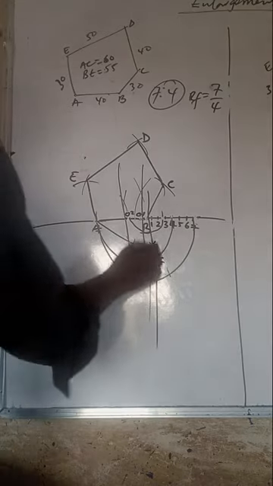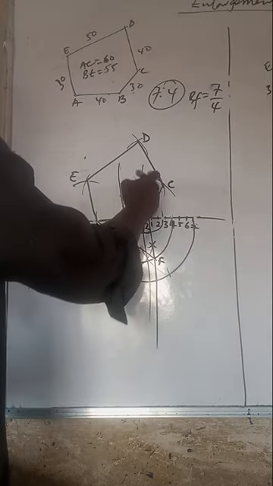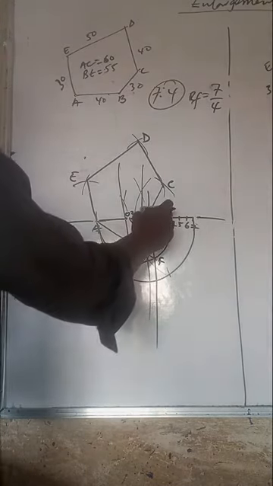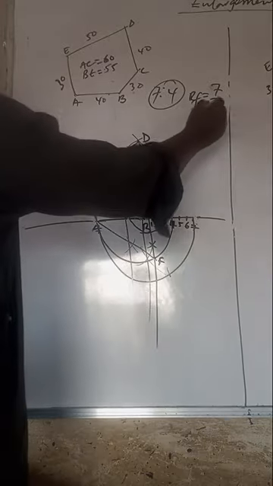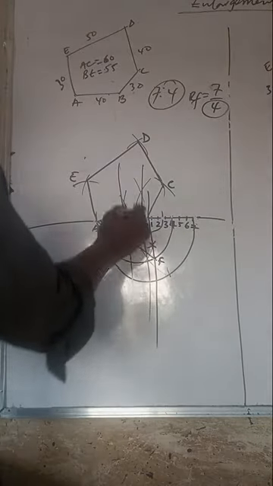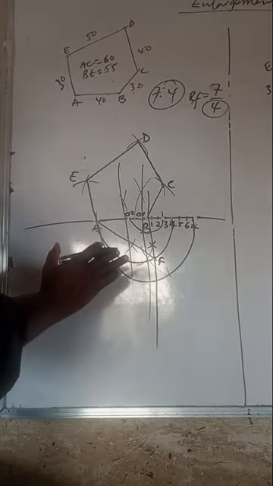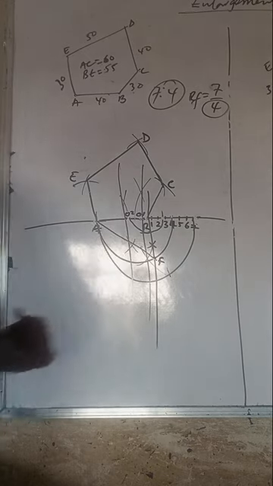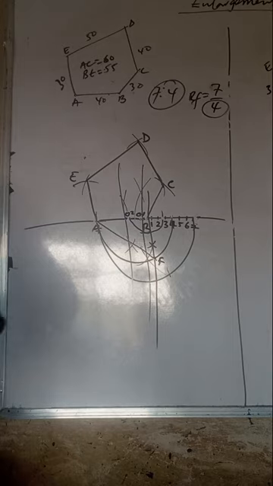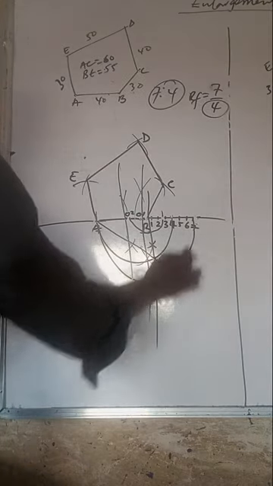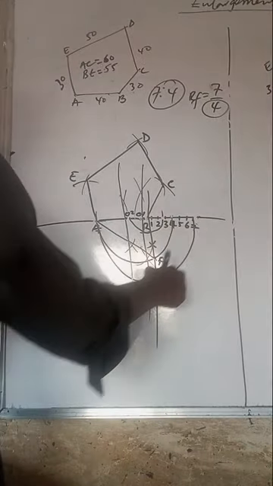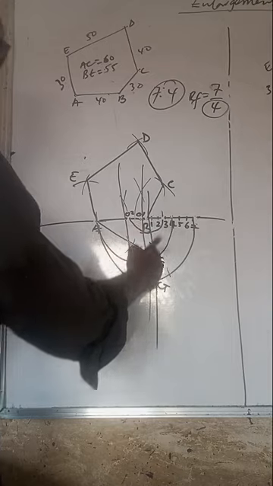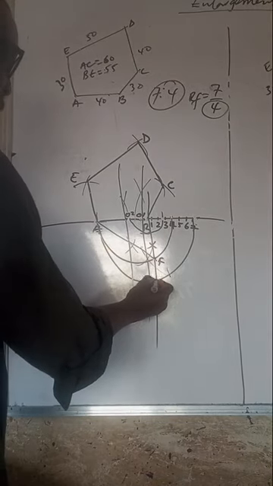Remember, the 4 is the actual side. The denominator is the actual side, that's why we do that one first. The second part, where the perpendicular line meets the semicircle of the big one, let us call that place G.